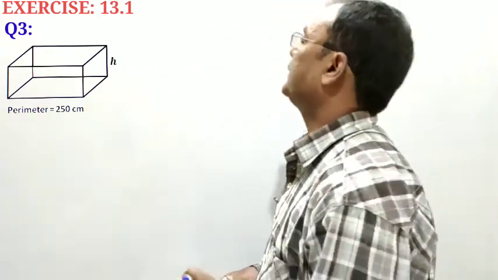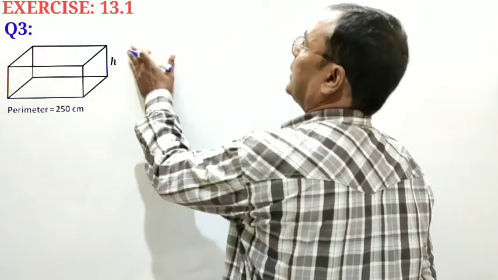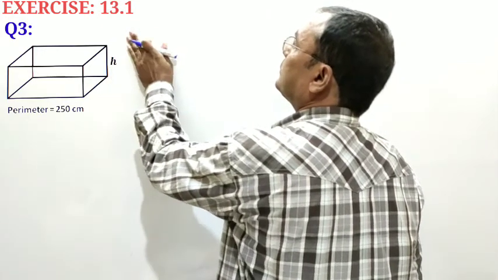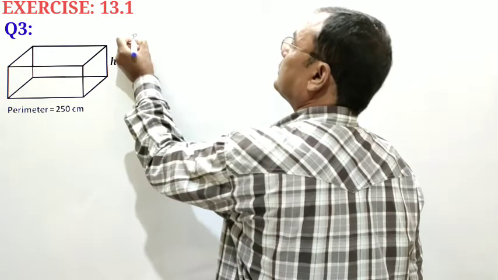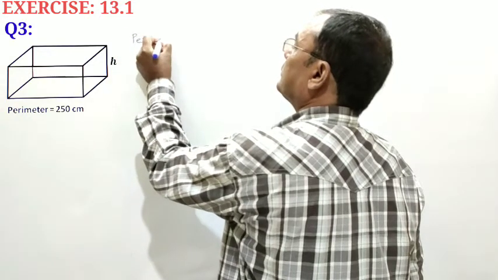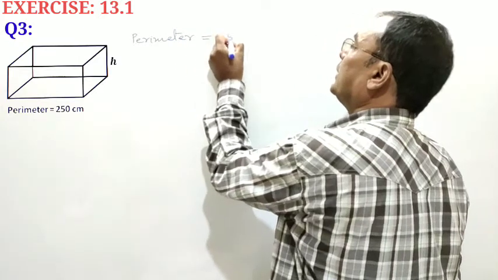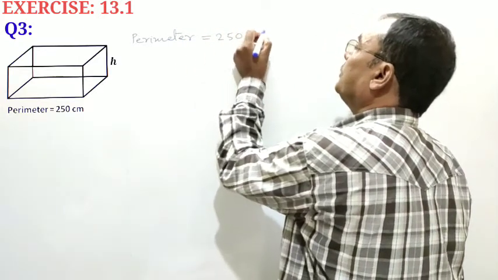So let's write perimeter of the rectangular hall is given 250 meter.